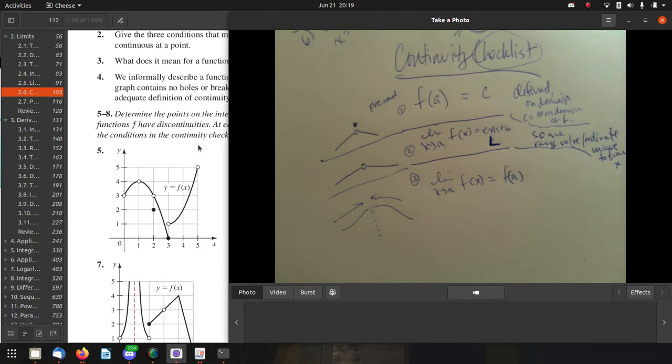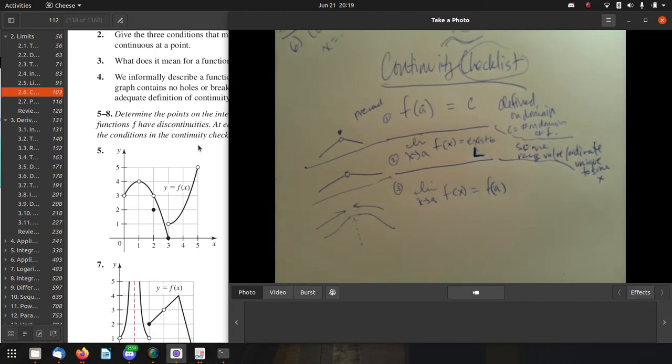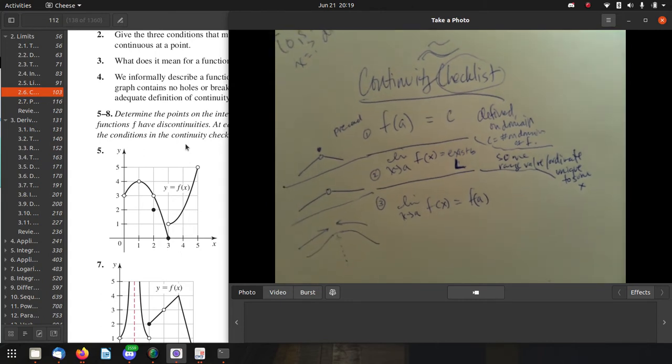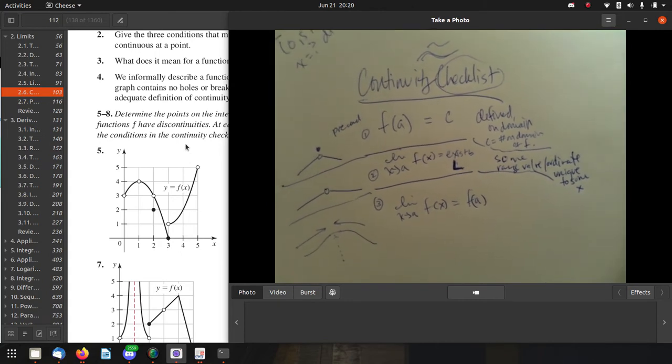So let's look at what rules it violated, now that we have our continuity checklist down. Also, I'm not sure why the microphone's working in mono, but it's working.